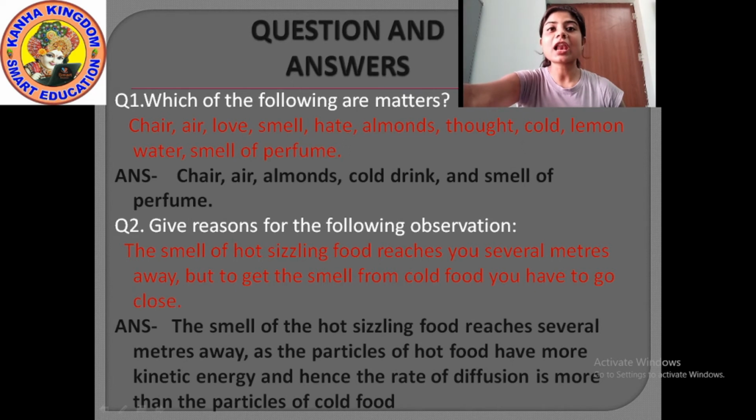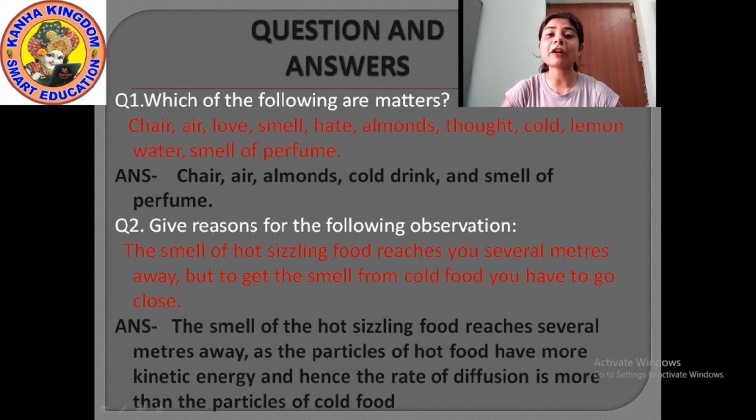Because the smell of hot sizzling food reaches several meters away, as the particles of the hot food have more kinetic energy, and hence the rate of diffusion is more than the particles of cold food.